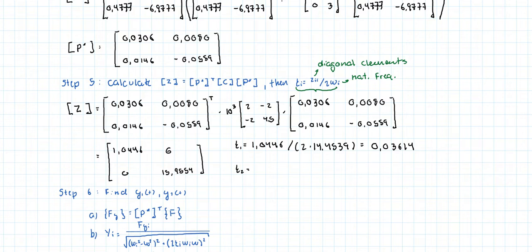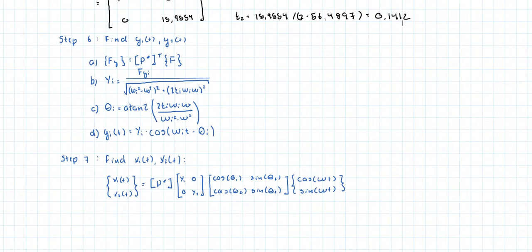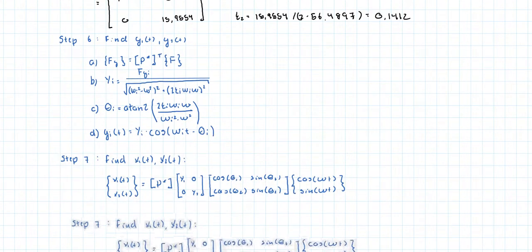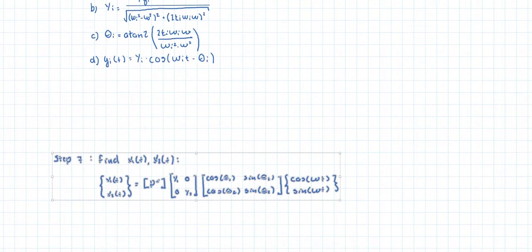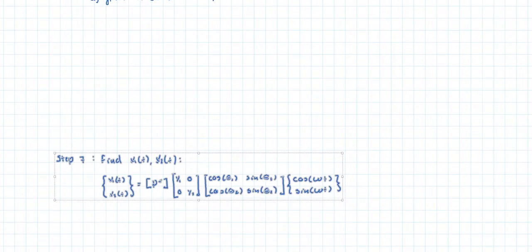So the second diagonal element is 15.9554 divided by 2 times, I think it was 56.4897, and that's 0.1412. Okay. Do not despair, we're almost there.